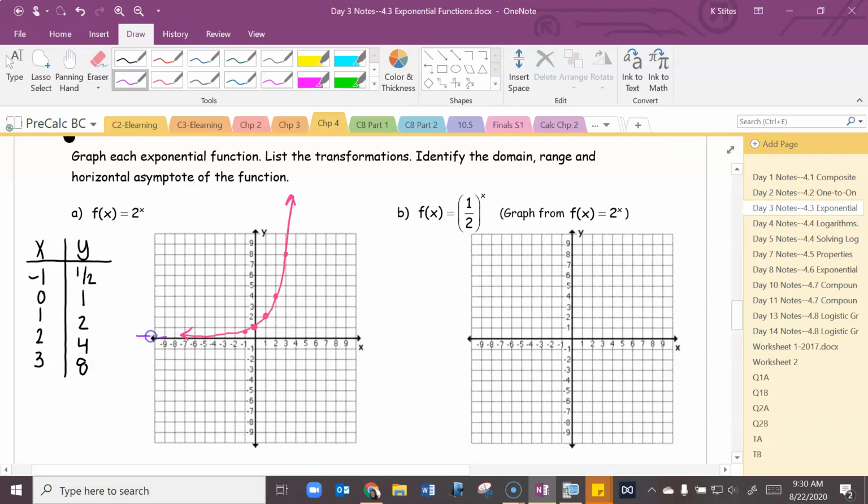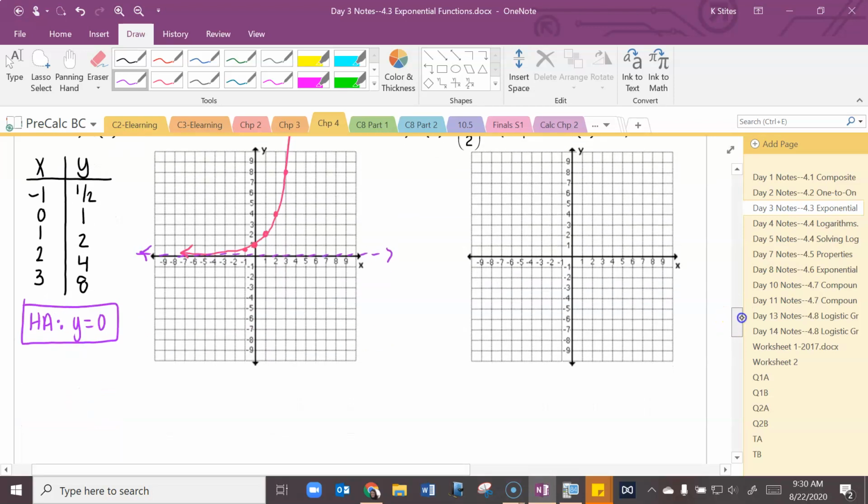This guy will have a horizontal asymptote at y equals 0. And that is your standard horizontal asymptote for an exponential curve, unless you have some sort of vertical shift. And then your horizontal asymptote will be based on where the shift is.